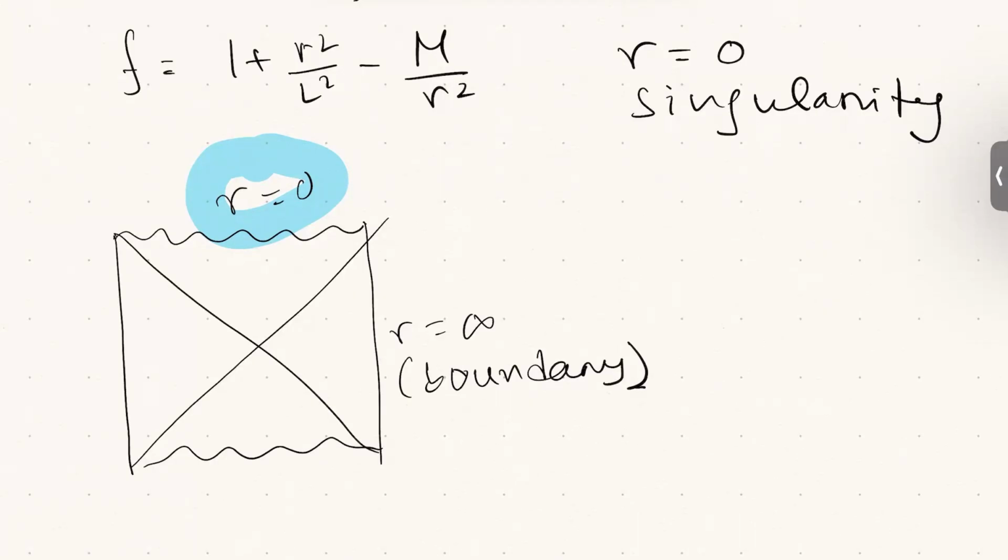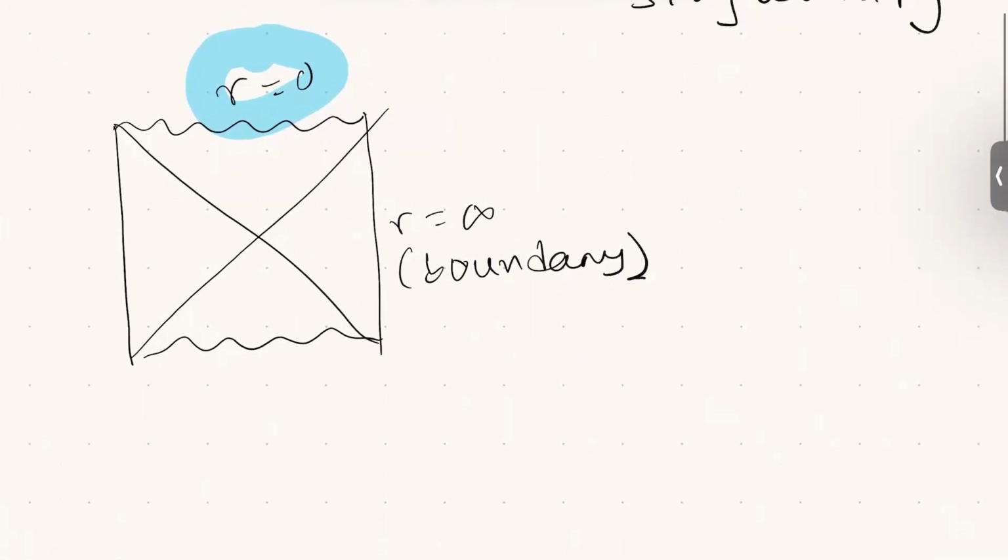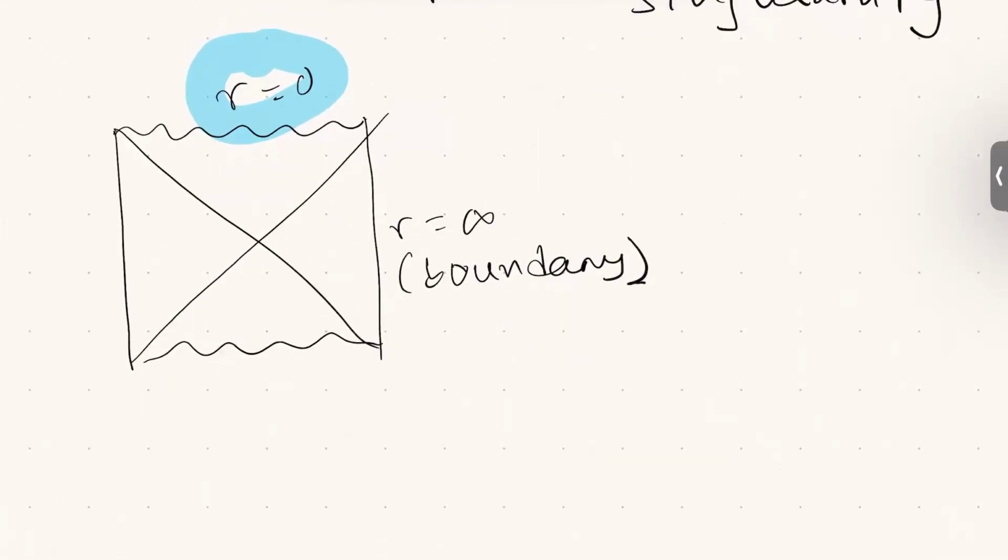Okay. Now we know that this black hole has an entropy, right? If you compute the area that is enclosed by the horizon. This line is basically the horizon, right?